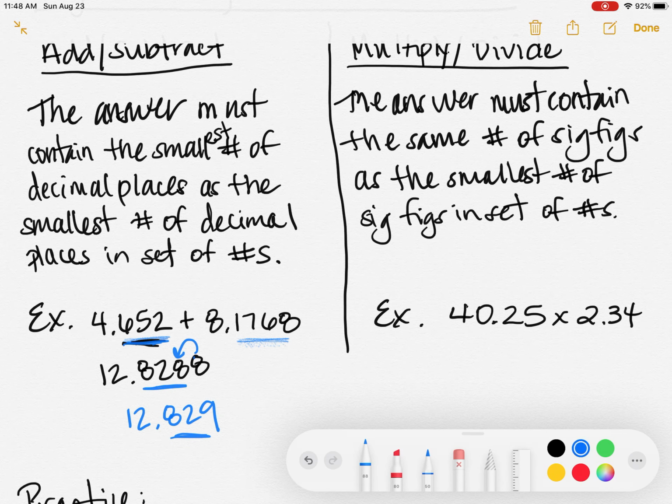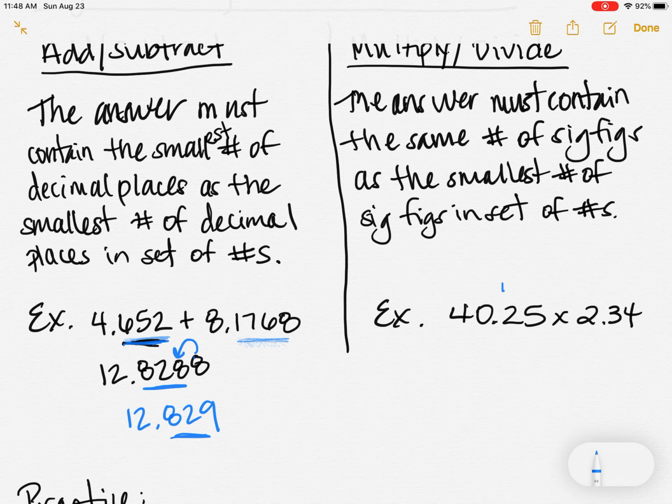So in this example, I'm multiplying these two numbers, so I want to think about how many sig figs are in each one. So 40.25 has 4 sig figs, and 2.34 has 3 sig figs. So this rule says that my answer will only be allowed to have 3 sig figs based on the fact that that's the smallest number. So I'm going to go ahead and do my math like normal. And my calculator tells me the answer is 94.185.